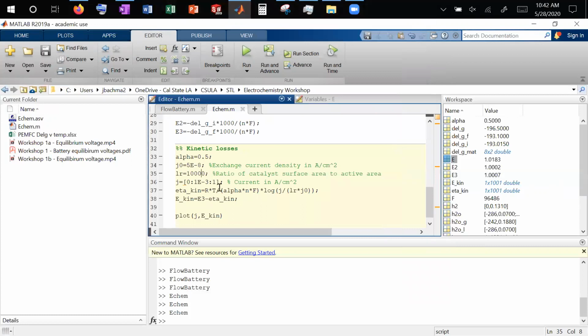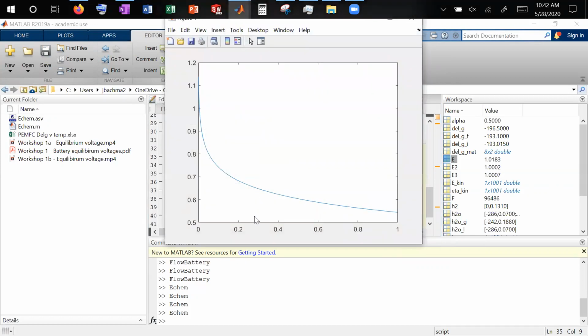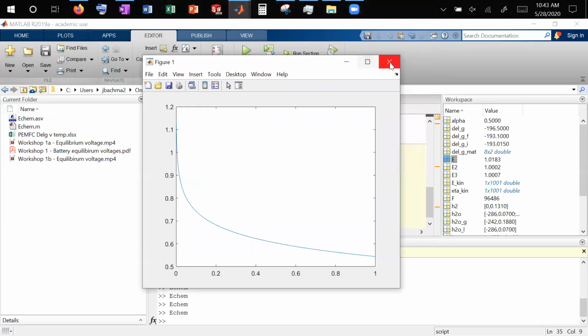So it's going to go 100,000 times the surface area. We're putting in a ton of super high surface area, so here we can begin to get some of the voltage that we were hoping for.